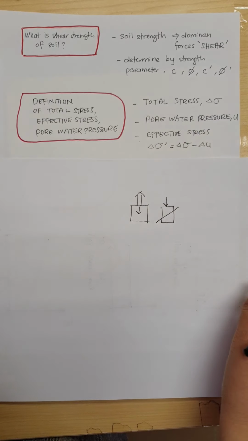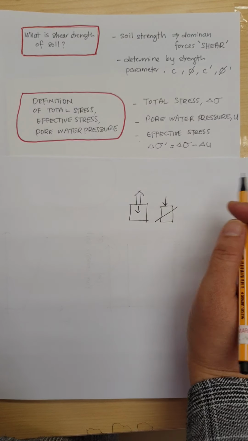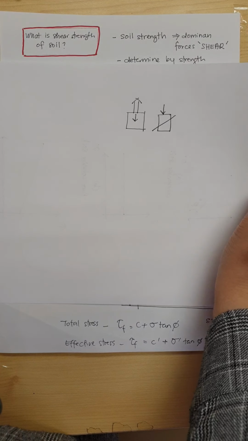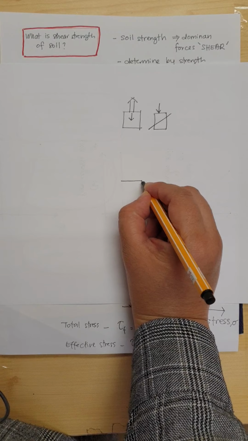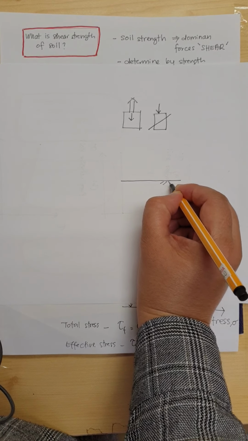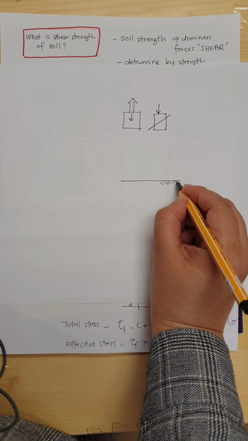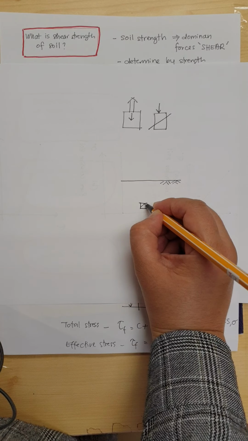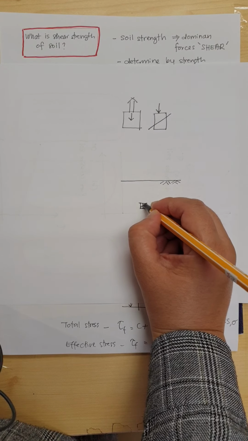For total stress, it is whatever you have on site. Let's say this is your soil, and then we want to consider what will be the stress value for this particle of soil.